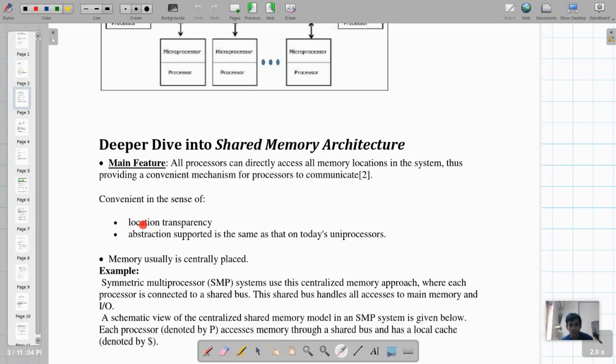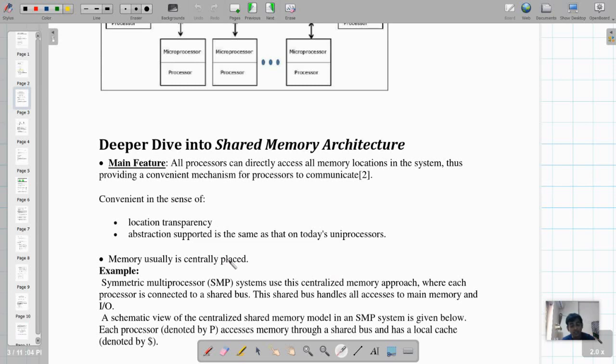So there is location transparency, which you can clearly think of in terms of cache-only memory access. Then abstraction is there. Abstraction is supported in the sense that it is as on today's uniprocessors. That means the user has the same feeling as when using uniprocessor systems.